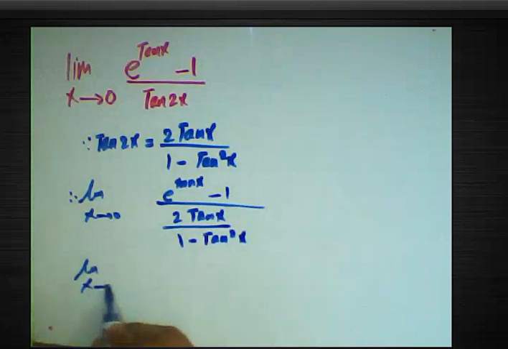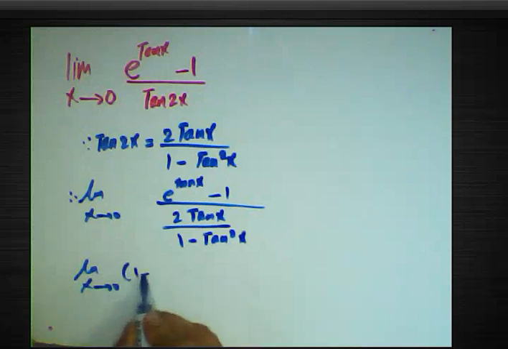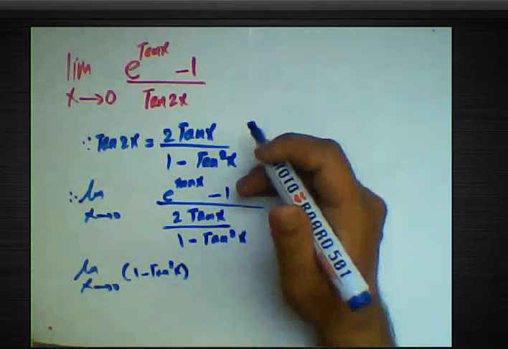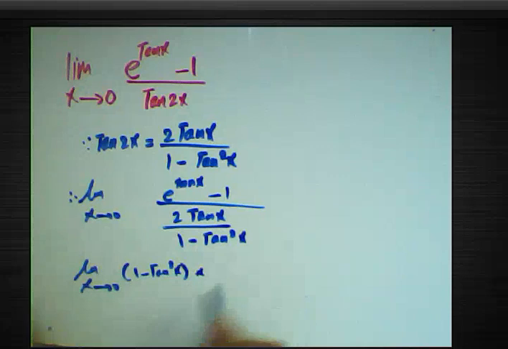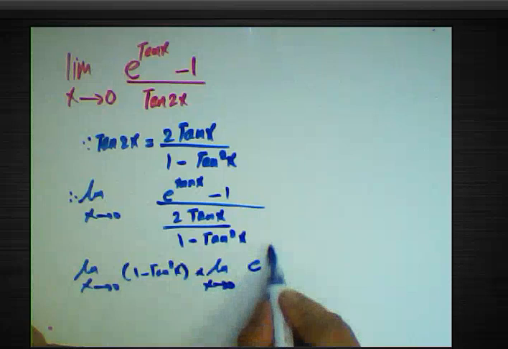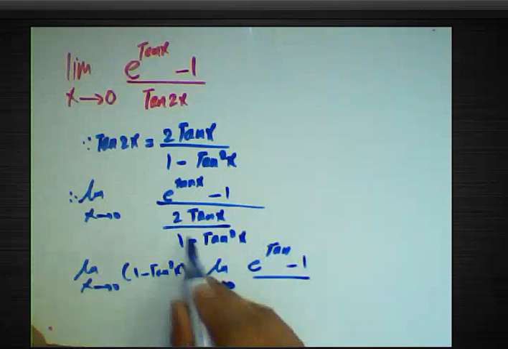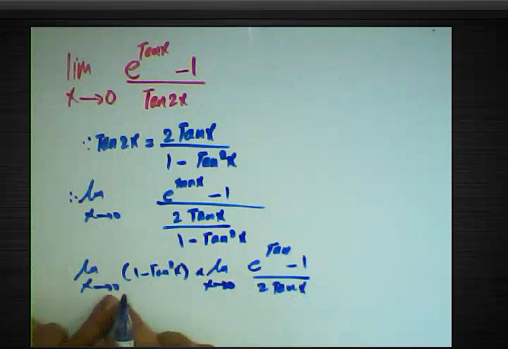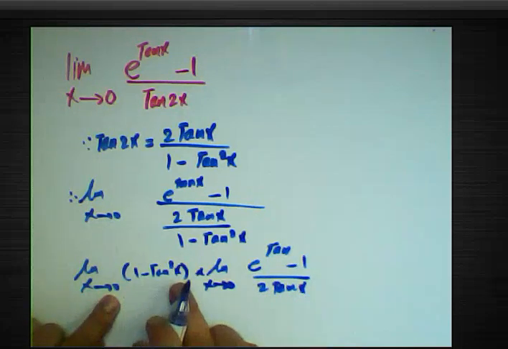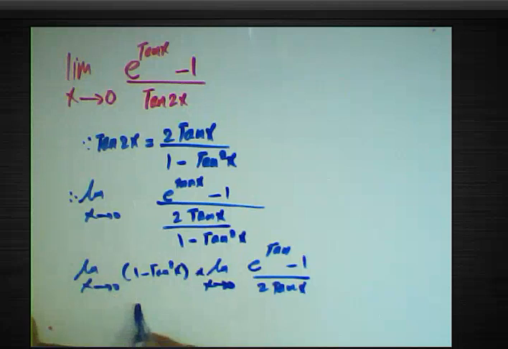Then the limit when x approximates to 0 about this function 1 subtract tan power 2 x, write the base in the numerator here and distribute the limit about x approximating to 0 about this function e power 10x minus 1 over 2 tan x. Put x equals 0 here. Tan 0 equals 0, 1 minus 0 equals 1.